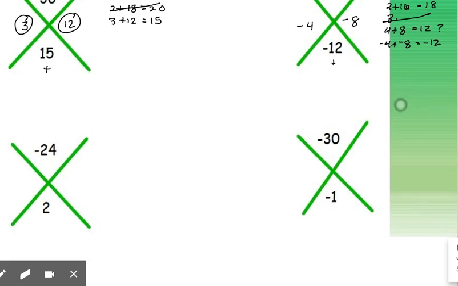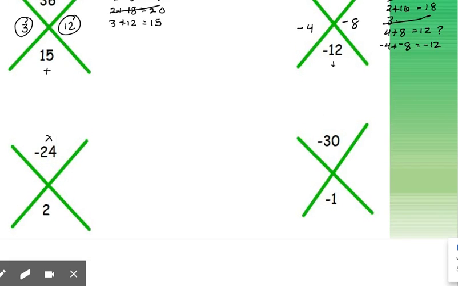Okay, bottom left here. Multiplies to be negative 24, adds up to be 2. 1 times negative 24 is negative 24. That adds up to be negative 23. So not it. 2.